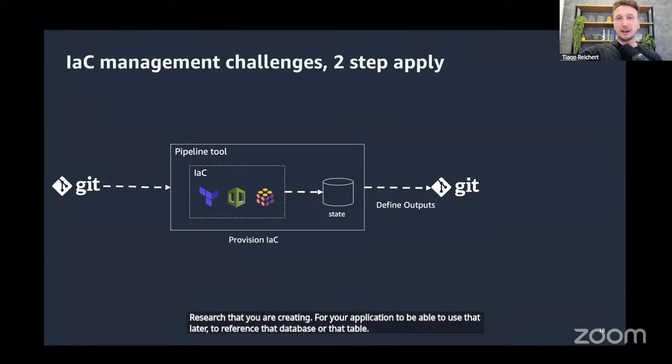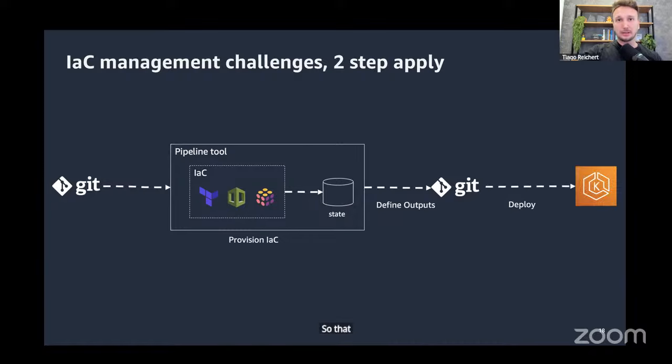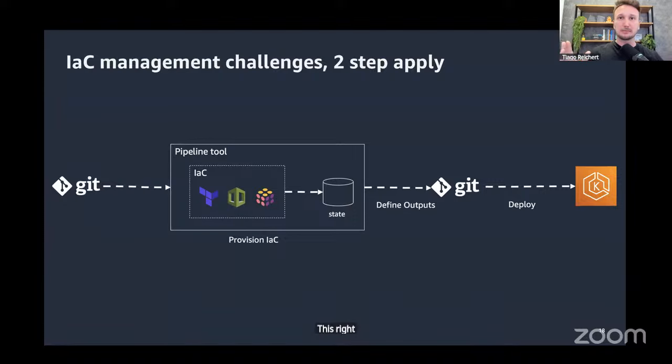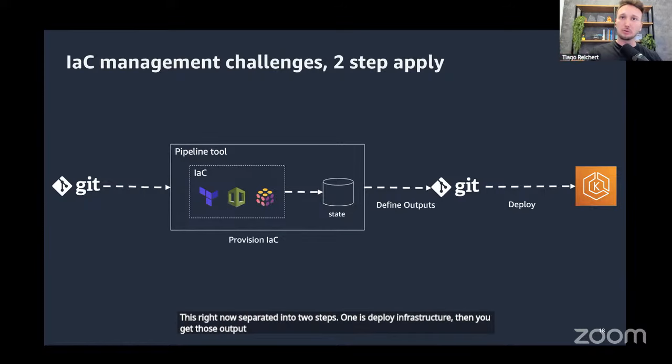So you have to pass those outputs from your infrastructure into a repository that has a definition of your application, so that later you can deploy this using GitOps, using CI/CD, whatever you want to use to deploy into Kubernetes. But it's important that you have this right now separated into two steps. One is deploy infrastructure, then you get those outputs. It can be automated or manual, and pass this into your application to be able to deploy.